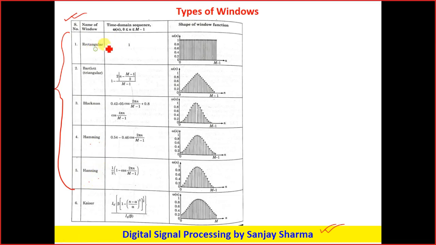In the rectangular window, the time domain sequence Wn varies from 0 to M minus 1. It is to be remembered that M here is the length of the signal.